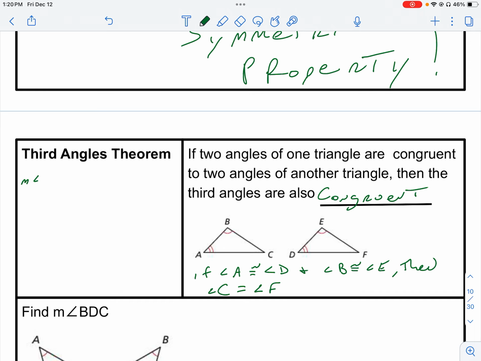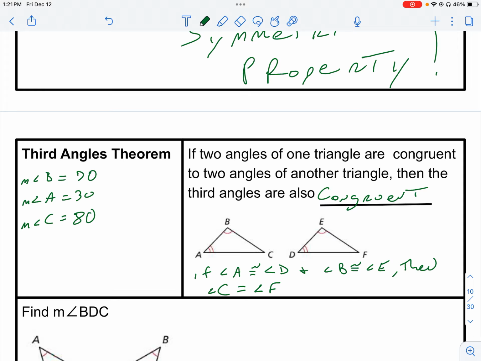So if the measure of angle B equals 70 degrees, and the measure of angle A equals 30 degrees, then 180 minus 100 means the measure of angle C equals 80 degrees.